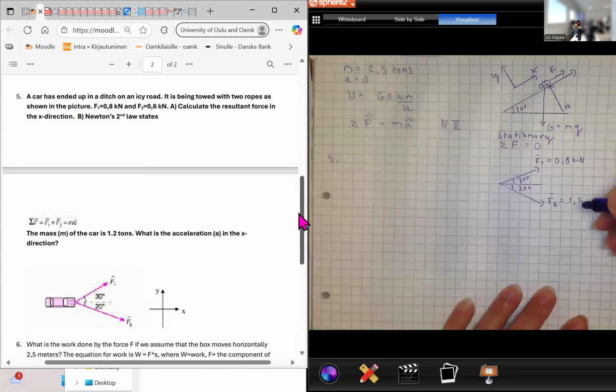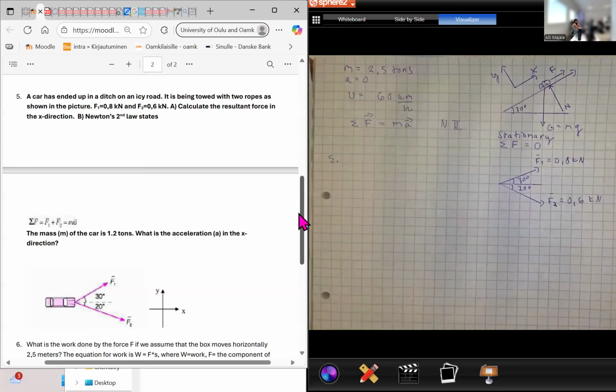Which one is F1 and F2? 0.6. Why is it longer? Whatever. So this is the resultant force in the x direction.